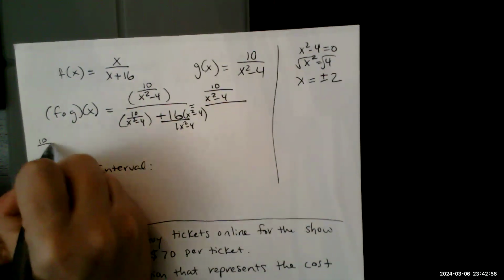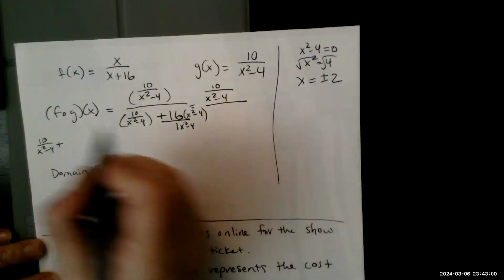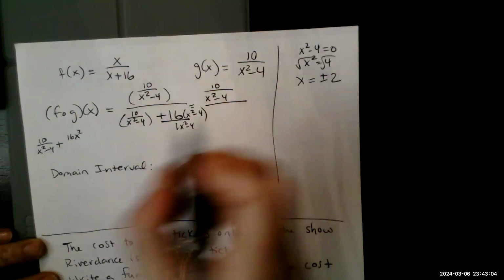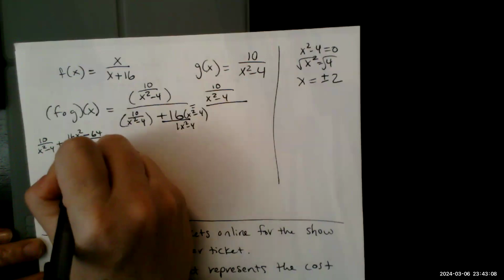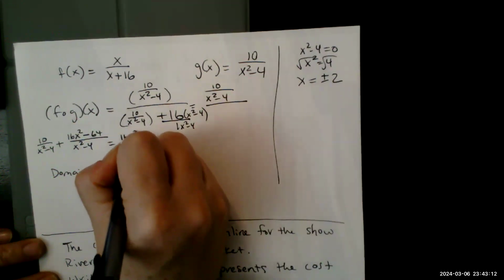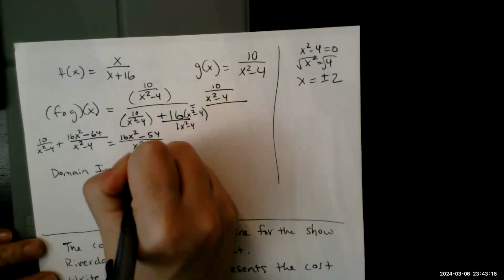So I have 10 over x squared minus 4 plus 16x squared minus 64 over x squared minus 4, which equals 16x squared minus 54.